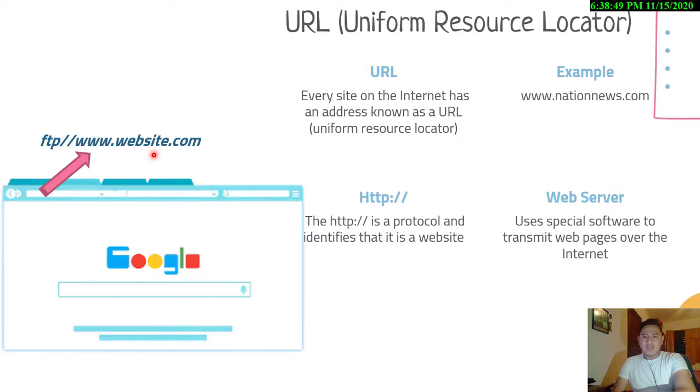Many web server names are prefixed by www in front of them, for example www.website.com, www.caribsurf.com, www.sunbeach.net. These are all called web servers, and sometimes these web servers have www in front of them, or sometimes they don't. So this is my protocol, and then this is my web server.